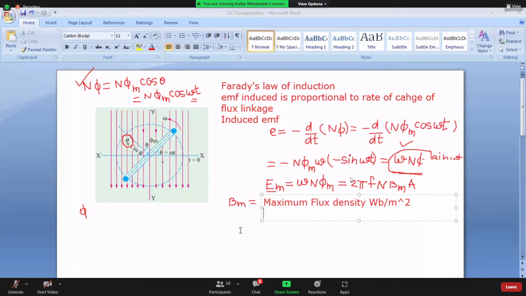Next thing is A, the area of cross section, area of coil, in meter square. And last but not least, F is equal to frequency of rotation.